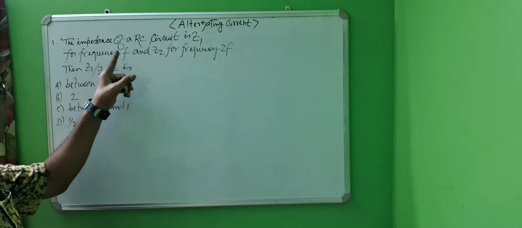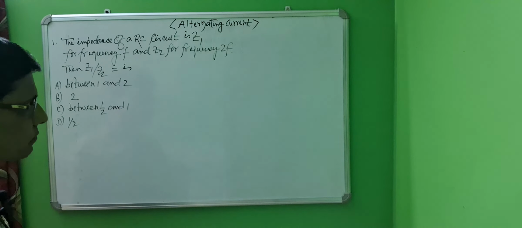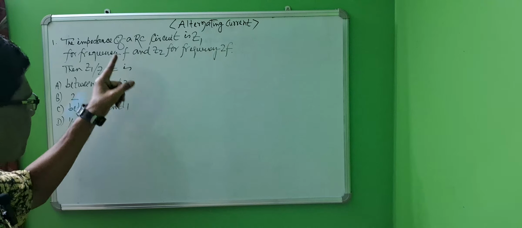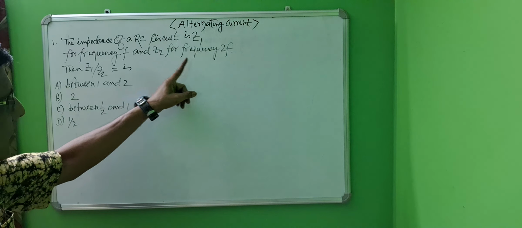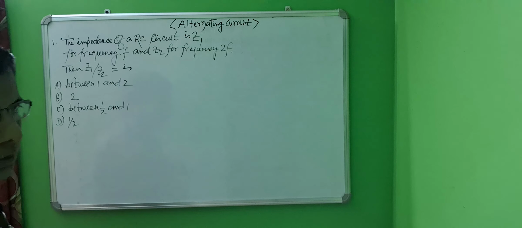The impedance of an RC circuit is Z1 for frequency F and Z2 for frequency twice F. Then Z1 is Z2.